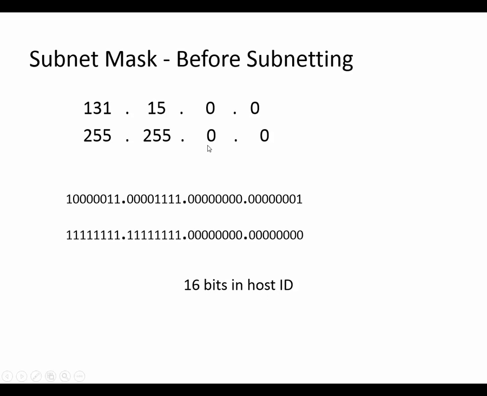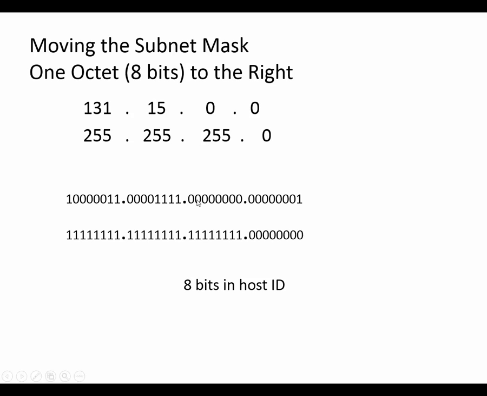If we move the subnet mask over 8 bits, 1 octet to the right, that now gives us 8 bits with which to assign network ID. That gives us 256 network IDs, but it really cuts into the host IDs. Now we only have 8 bits with which to assign host ID, and that only gives us a maximum of 254 host IDs.